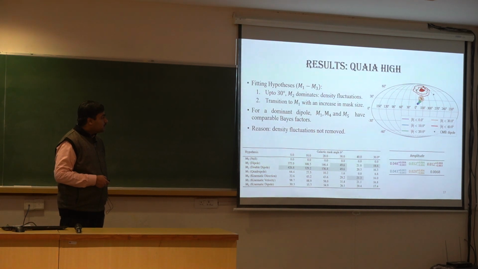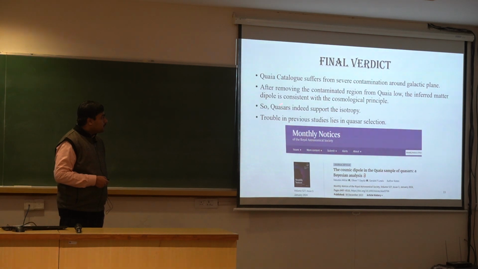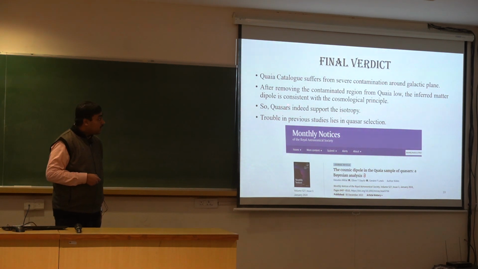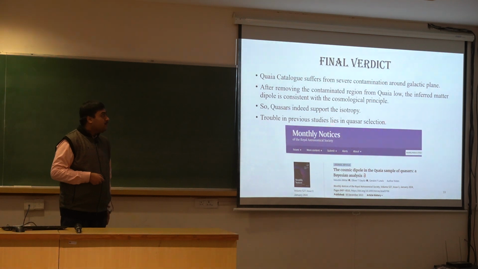So when this was sorted out, what we finally found was that the catalogue is suffering from some contamination. However, after removing that contamination, matter dipole is the same as the kinematic dipole, and the tension is just because we are using bad statistics.